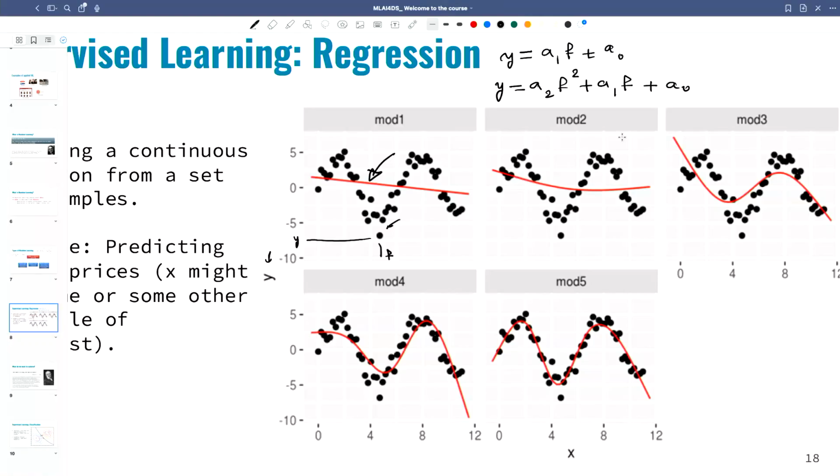Because we always have noise in the data, right? If you're measuring the temperature, if you're measuring the stock, there might be fluctuations that are not actually due to the trend of the data. It might be that I didn't have a good day that day, or the temperature sensor was broken, basically the noise.